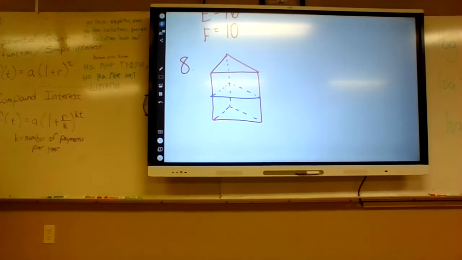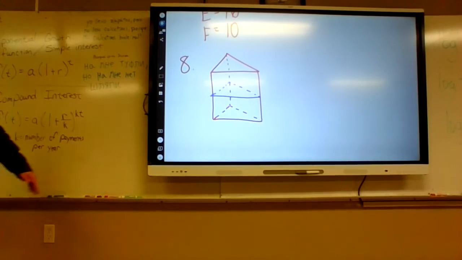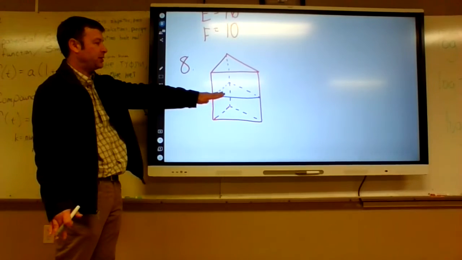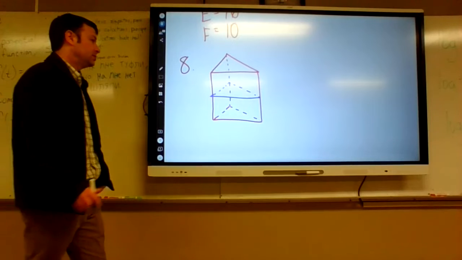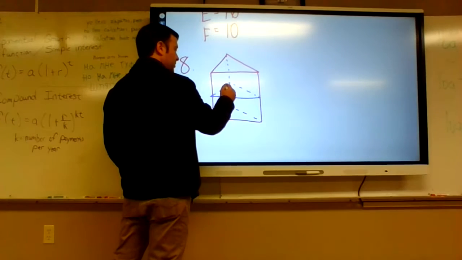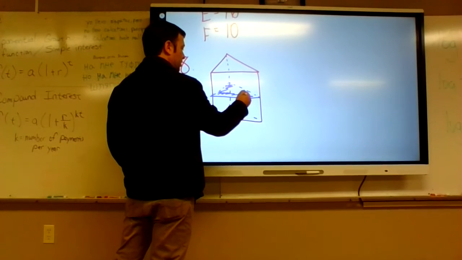Can't draw anything 3D. So can you imagine, if you took a sword and chopped through horizontally, it would make a triangle in the middle. The book colored this part darker.